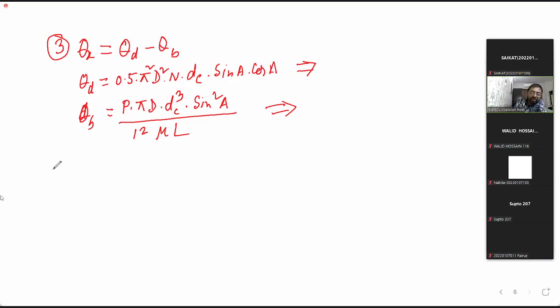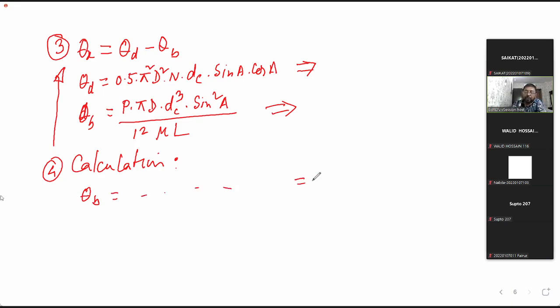Okay. Then fourth stage is our calculation. So here no calculation you will do. Only write the formula. Next we shall go for the calculation. The calculation in general, I shall say you will start from the bottom. So first of all QB, we shall put the formula, put the value and get a numerical value.